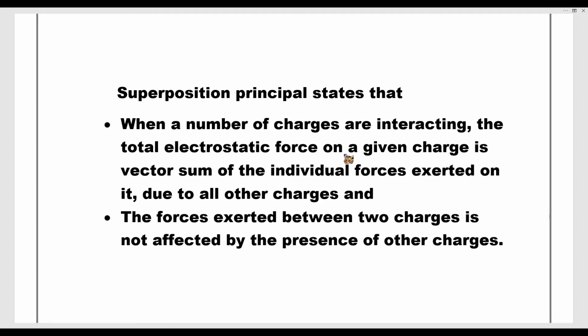I will repeat. When a number of charges are interacting, the total electrostatic force on a given charge is the vector sum of the individual forces exerted on it due to all other charges. And the force exerted between two charges is not affected by the presence of other charges.